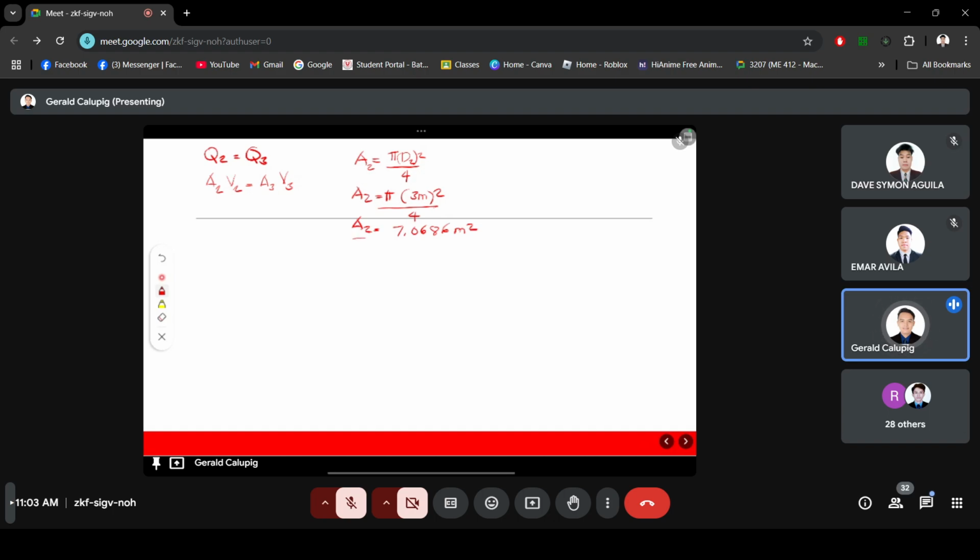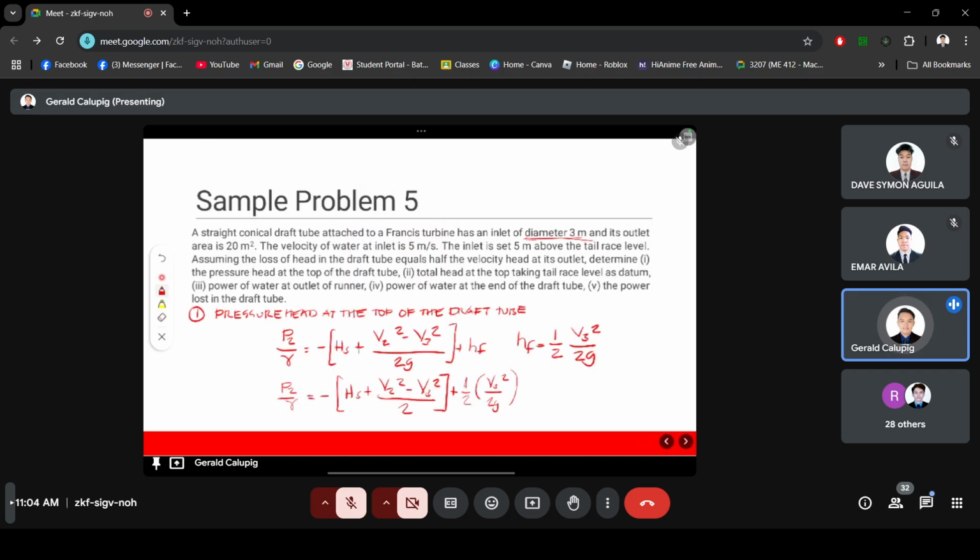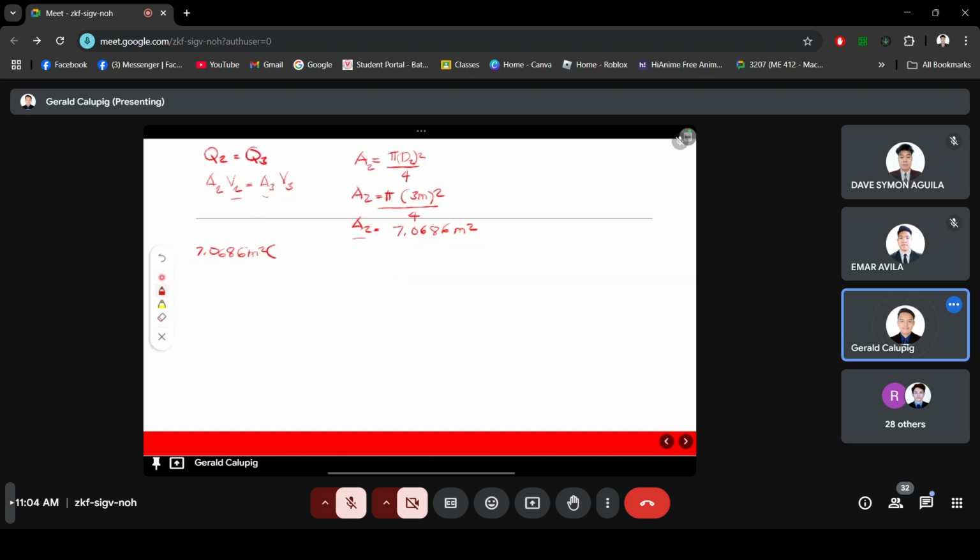Since we already have area 2, V2, and area 3, we can have our V3. The area 2 is 7.0686 square meters. Our V2 is 5 meters per second.